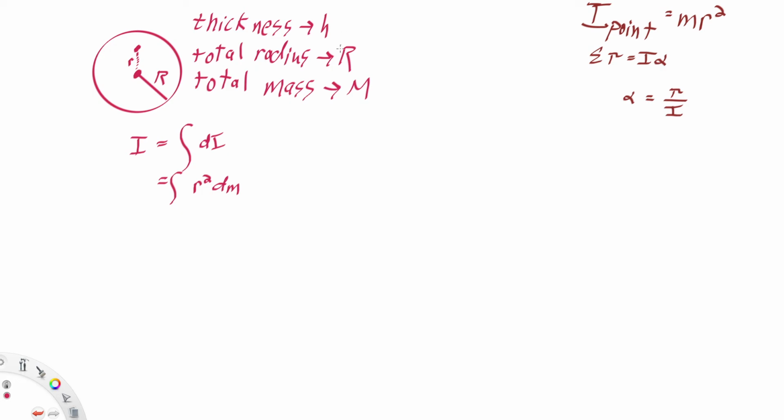So if we know the total radius of this disk, we know its total mass, and we make the assumption that it's got a uniform density, then the density of this object is just mass over volume, and the volume of this kind of thin cylinder is pi r squared h. So that lets us do a little better here.